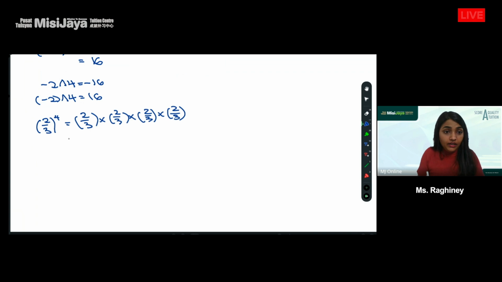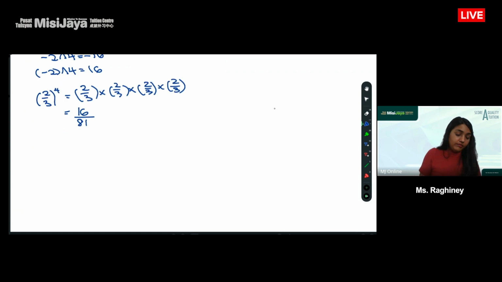I'm going to say it again: if you're not writing, you're missing out. There's not a lot of time this year, so take every opportunity to do this. What is 2 times 2? 4. 4 times 2? 8. 8 times 2? 16. 3 times 3? 9. 9 times 3? 27. 27 times 3? 81. Same idea. Okay, next one.